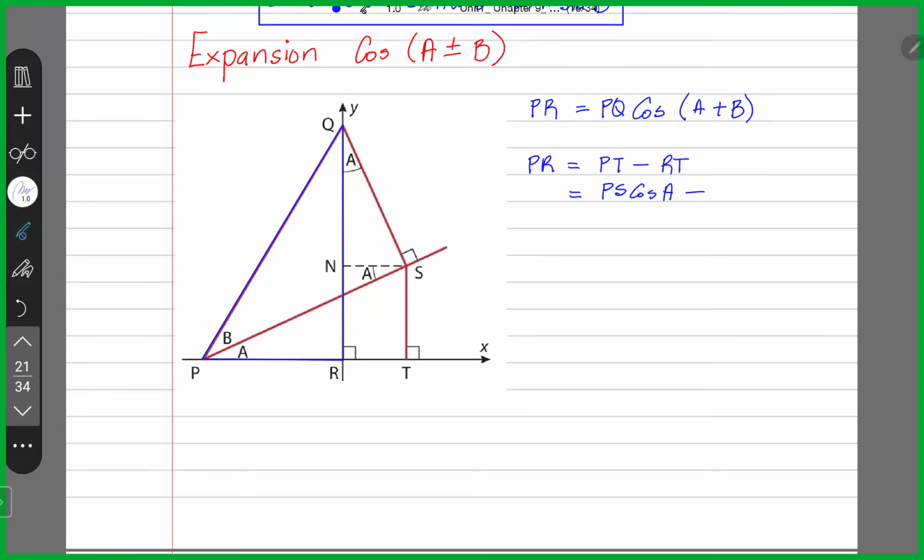Let us see what RT is equal to. I could say that RT is equal to SN.